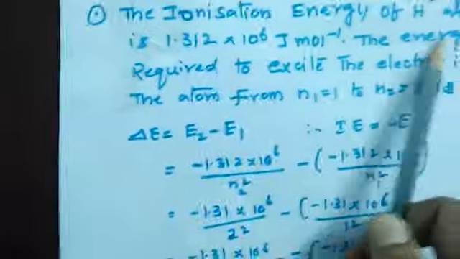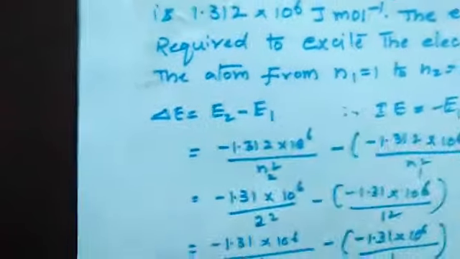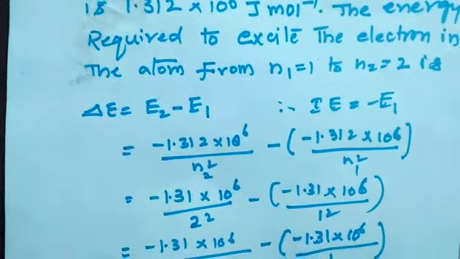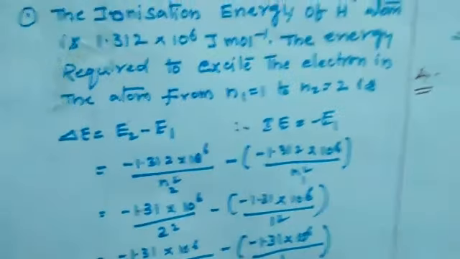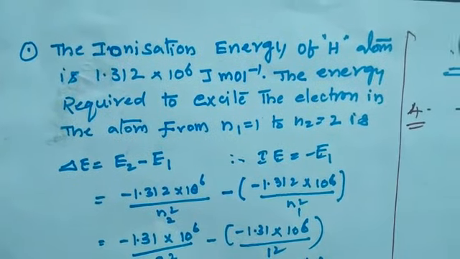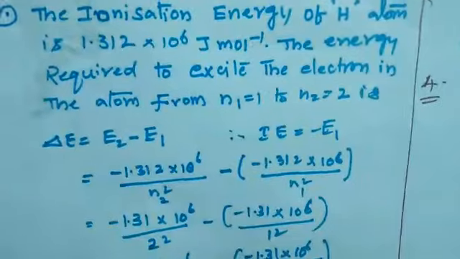The energy required to excite the electron in the atom from n1 equal to 1 to n2 equal to 2 is? It means when an electron jumps from one orbital to another orbital, how much energy is needed?